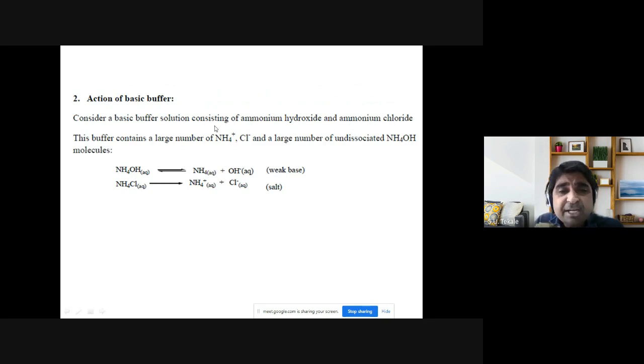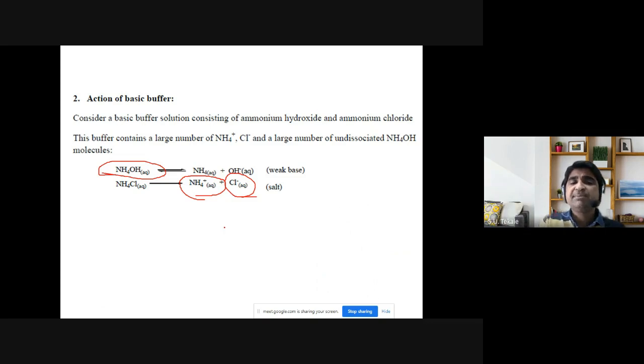Ammonium hydroxide is a weak electrolyte, so it will dissociate to a very small extent, and ammonium chloride is a salt, so it will dissociate to a large extent. So in this buffer solution there will be a large number of undissociated ammonium hydroxide molecules, a large number of ammonium ions and a large number of Cl minus ions.